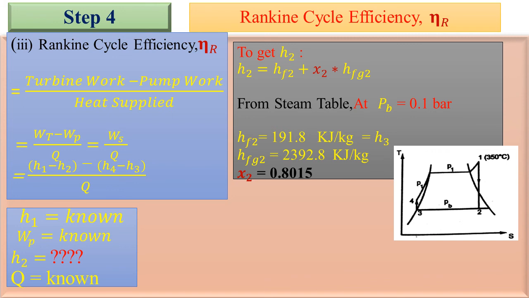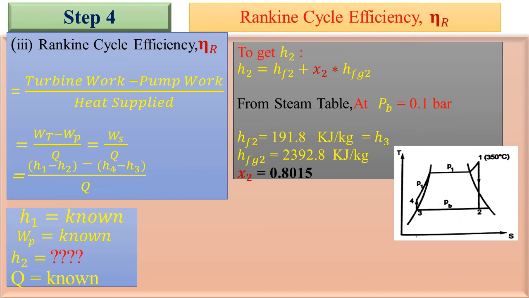From the pressure-based steam table at 1 bar we will select the value of HF, that is 191.8, and we will also select the value of HFG2, that is 2392.8.